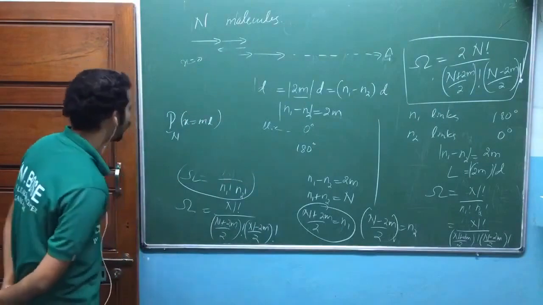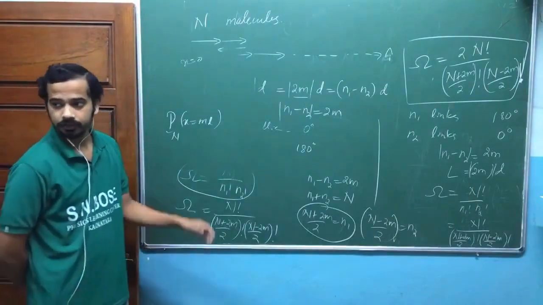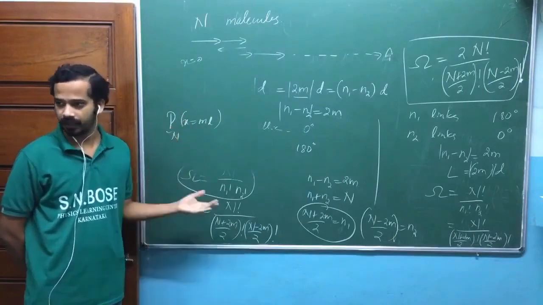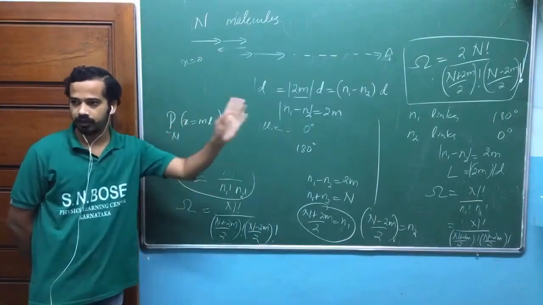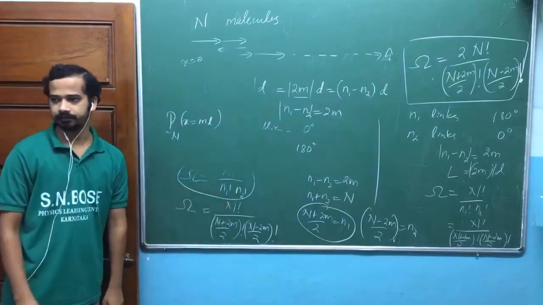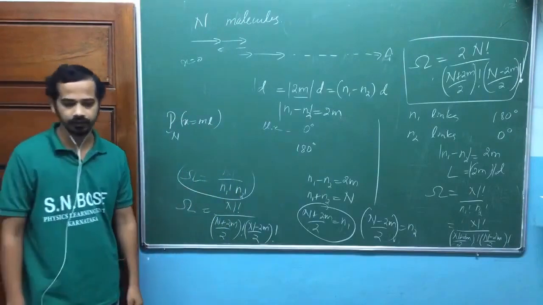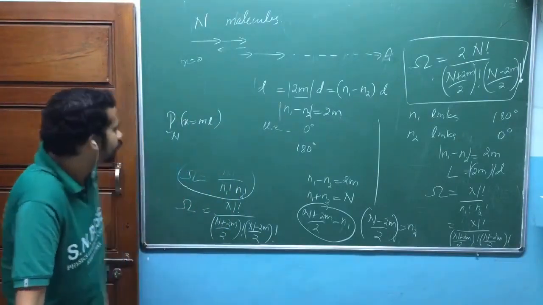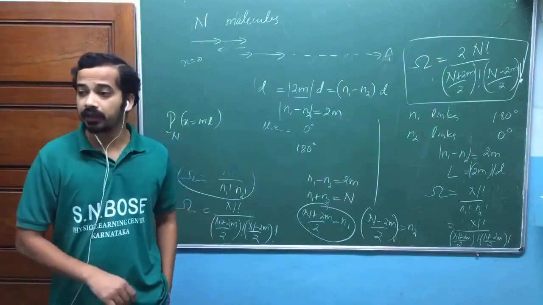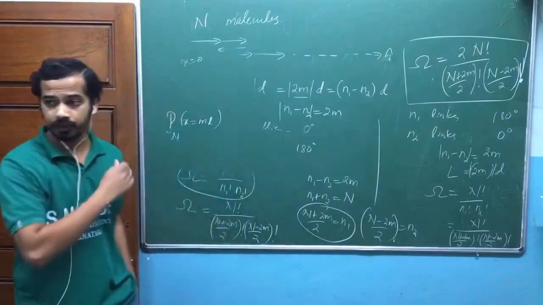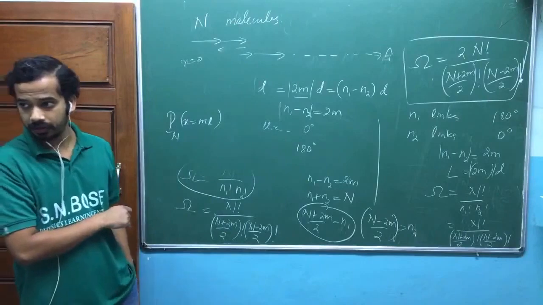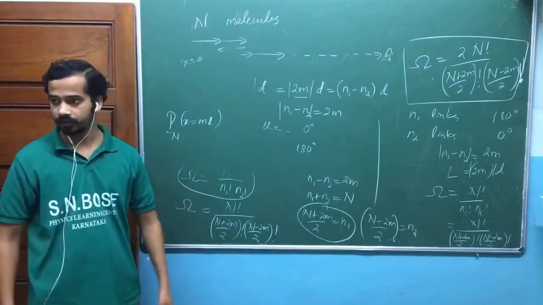But in the case of the random walk problem, we have taken x which has a sign. X can be positive or negative. It's a point on the x-axis. We have taken it differently. So taking n1 steps to the right and n2 steps to the left is very much different from taking n1 steps to the left and n2 steps to the right, the opposite.